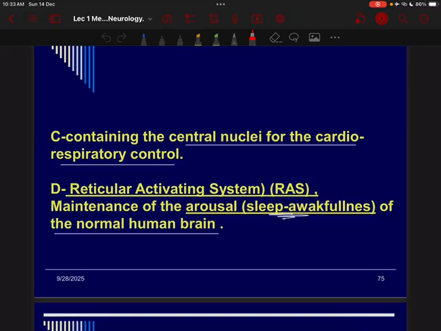So there is sleep wakefulness, and that sleep wakefulness is carried out by the RAS, reticular activating system. Okay? So if the reticular activating system is on, you are awake. If the reticular activating system is off, you will go into sleep. So it controls the wakefulness and sleep pattern.